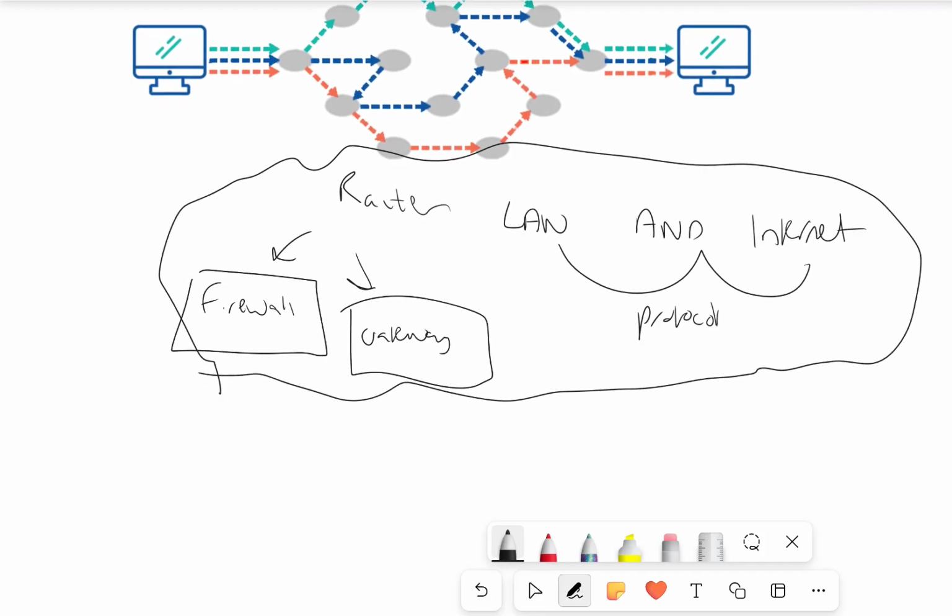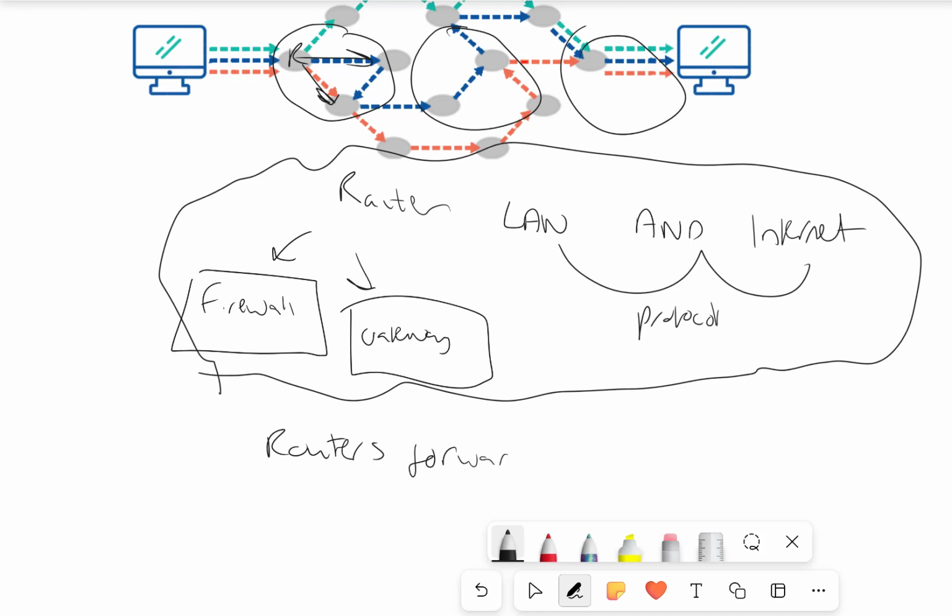But also, now we can get into packet switching. Routers forward packets on between different networks. So this could be a network, this could be a network, this could be a network. So routers forward packets on between networks.